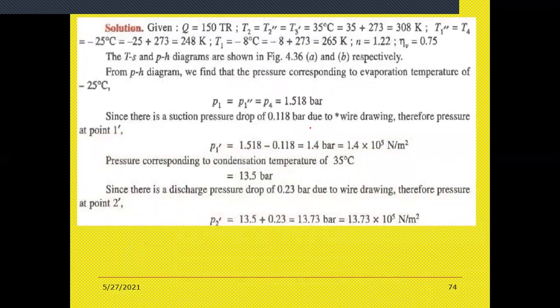So what is the given data in the question? The capacity is given as 150 tons, and T2 dash is equal to T3 dash, that is 35 plus 30, that is 273 plus 35, equal to 308 K. T2 is equal to T2 dash, that is equal to T3, equal to 35, and T1 double dash is equal to T4, that is equal to minus 25.